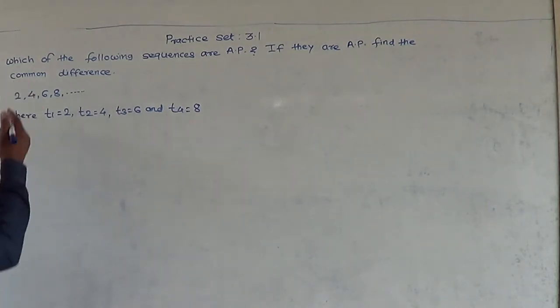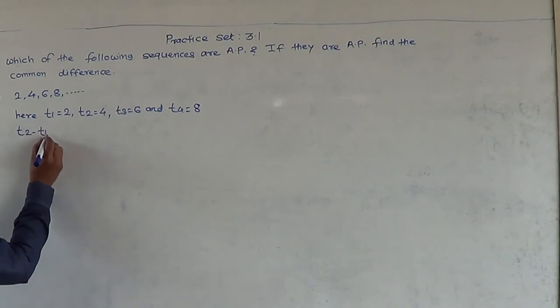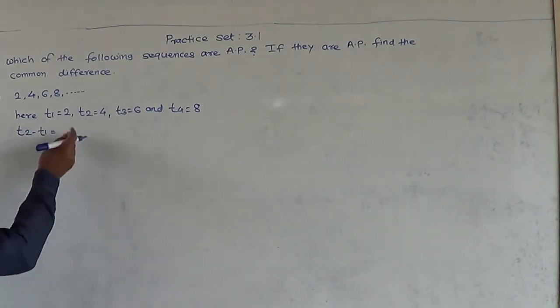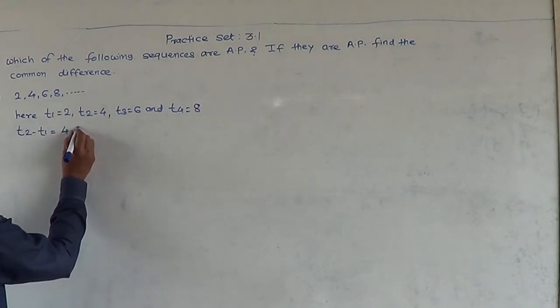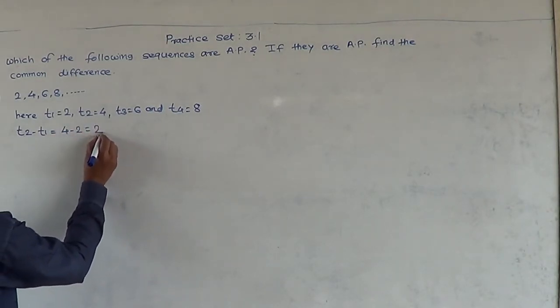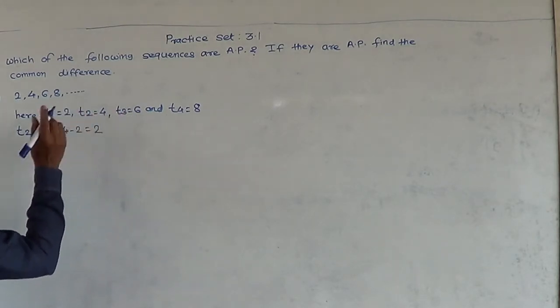So here T2 minus T1, the value of T2 minus T1: T2 is 4, T1 is 2, so this is 4 minus 2 and we get 2. Then we will find the difference between T3 and T2.